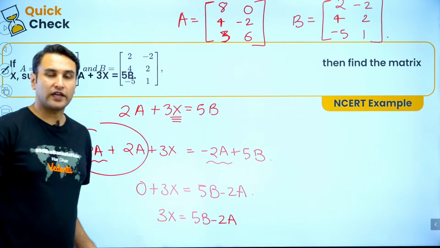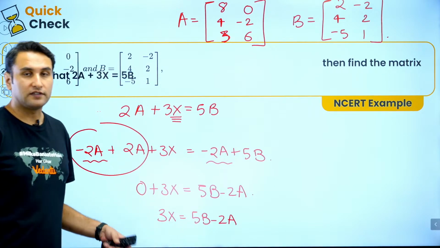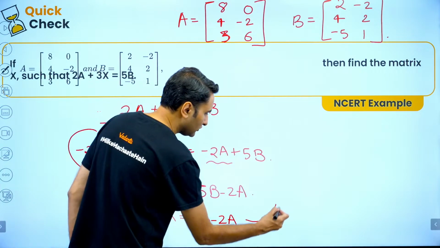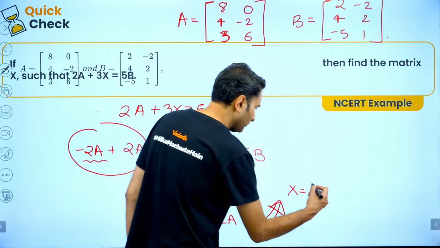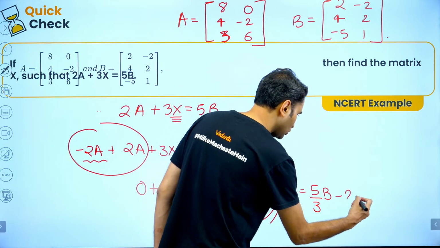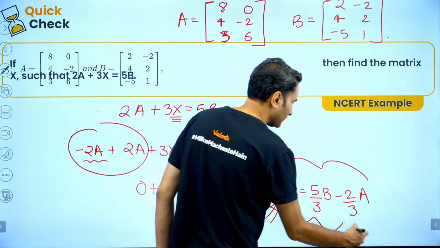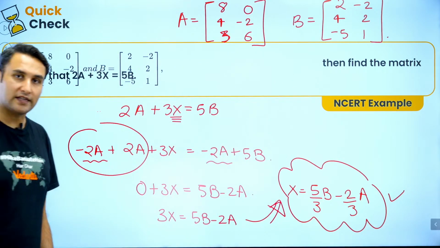Right? Now can I divide, or I can multiply all by 1 by 3? In simple words, I can divide all the matrices by 3. So when I divide by 3, it will give you X is equal to 5 by 3 B minus 2 by 3 A. This will give you your X matrix.